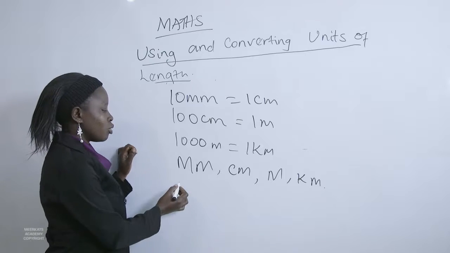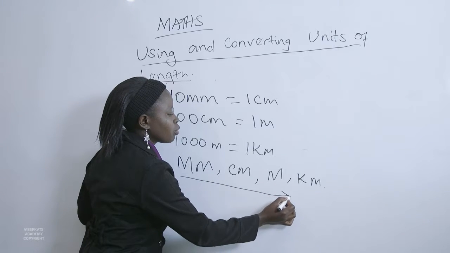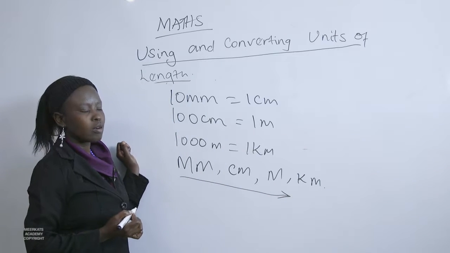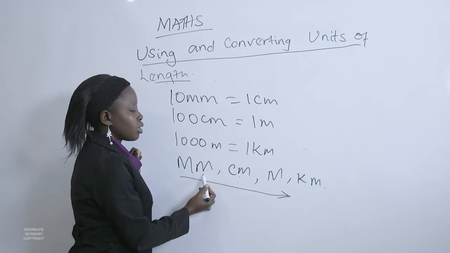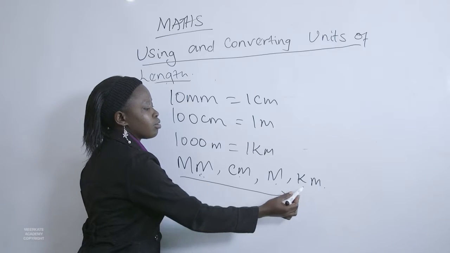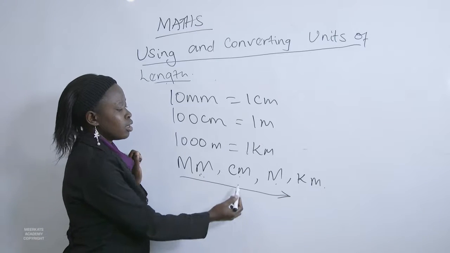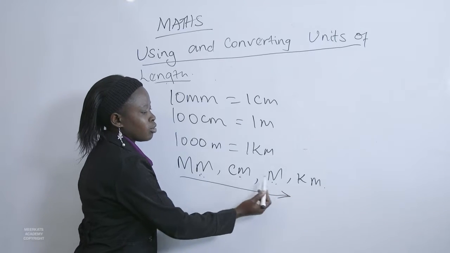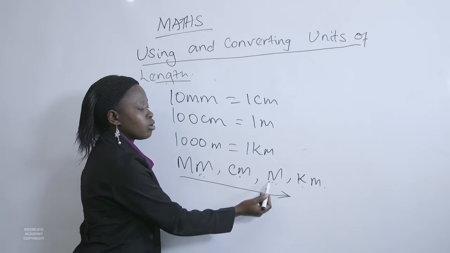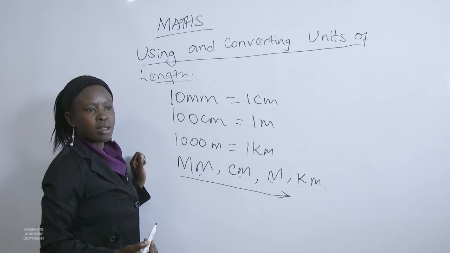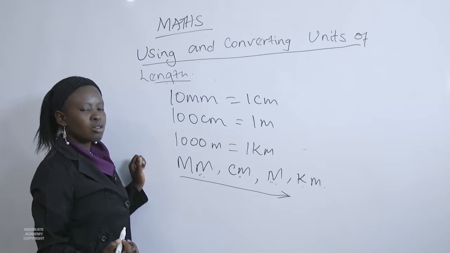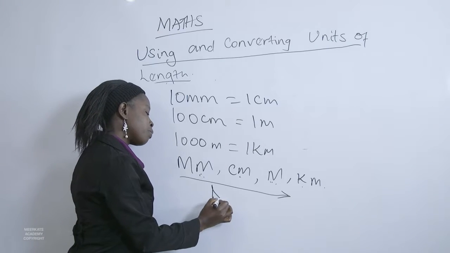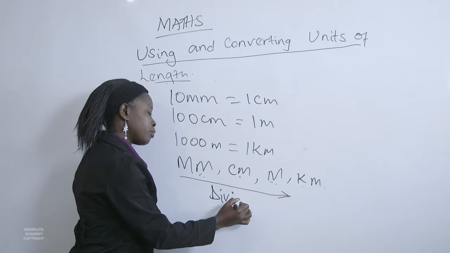So we are saying that when you are converting from a smaller unit, either millimeters to centimeters, millimeters to meters, millimeters to kilometers, or centimeters to meters, centimeters to kilometers, or meters to kilometers, then when we are converting from a smaller unit to a larger unit, we divide.